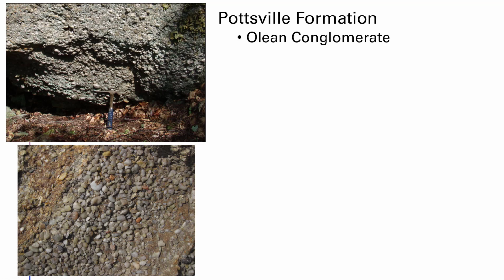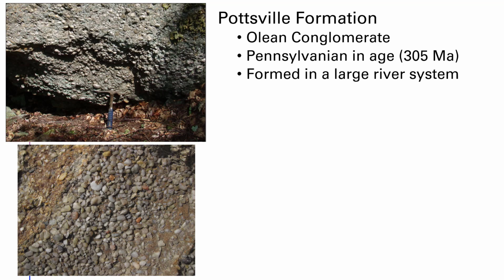Now, the particular layer that we see in Rock City is a smaller part of the Pottsville Formation that's called the Olean conglomerate. And Rock City is, again, in Olean, New York. The Olean conglomerate was deposited during a time period called the Pennsylvanian period, which is about 305 million years ago. It was deposited in a large river system.